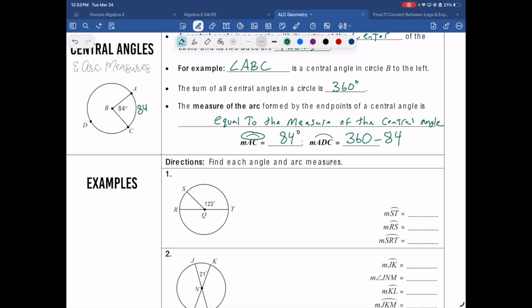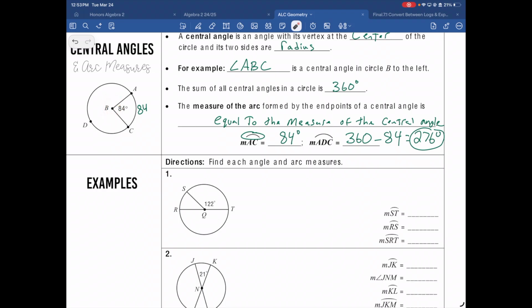Siri, what's 360 minus 84? 360 minus 84 is 276. So the measure of that arc is 276 degrees. So this arc is 276 degrees. But it also means that that angle right there is 276 degrees as well.